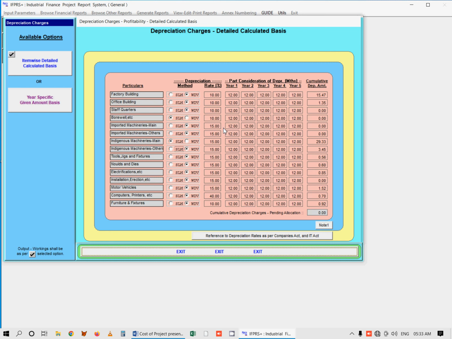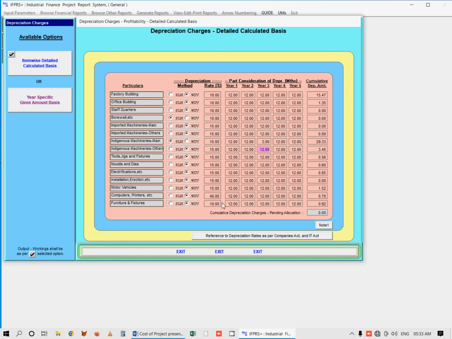Importantly, you may specify the part consideration of depreciation over the next 5 years for any of the categories. Say 3-month depreciation on addition to machineries in the 3rd year and so on. This part consideration would be of much relevance and great help in case of phased cost of project.